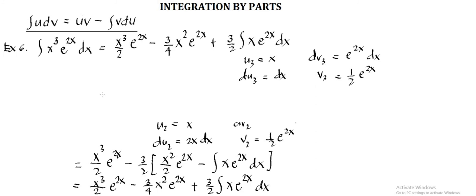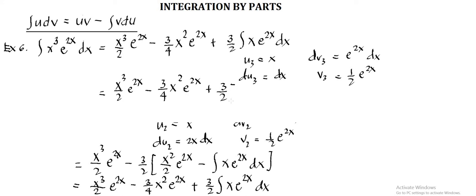So, meron tayong x cubed divided by 2 e to the 2x, and then minus 3/4 x squared e to the 2x, and then plus 3 over 2.